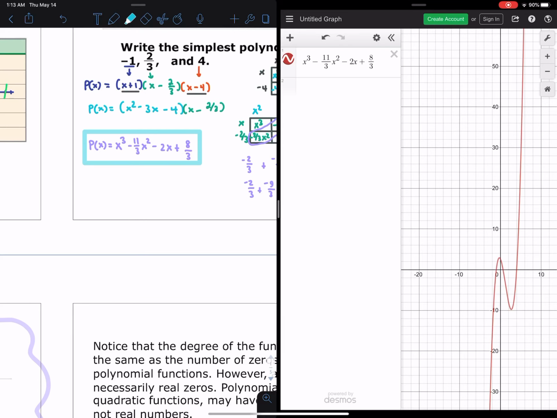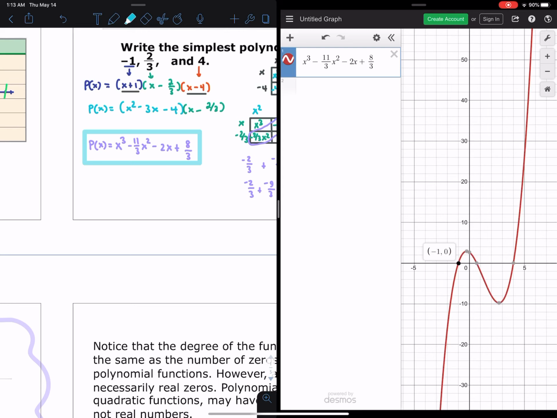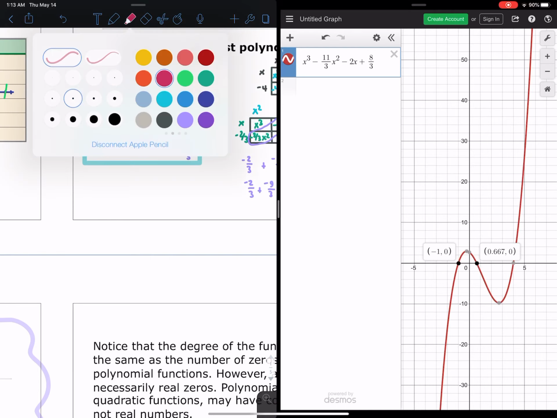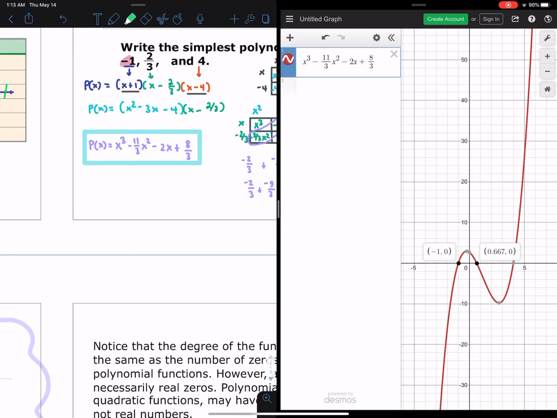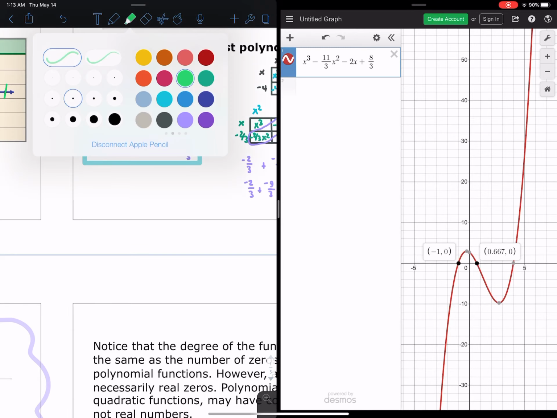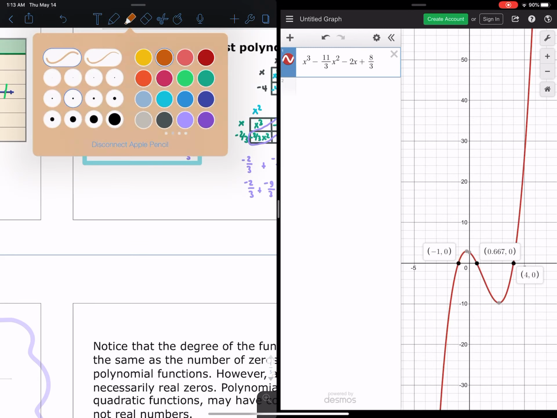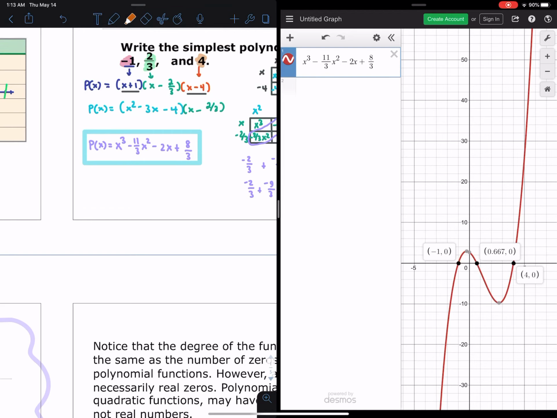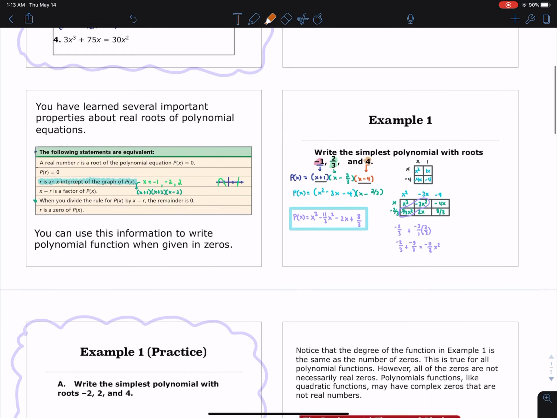And if we check these roots, where this crosses the x-axis, you can see we have our root at negative 1, and then we have our root at 0.667, which is an approximation for 2/3. And then we also have our root at 4. So you would know for sure that's our polynomial with the correct given roots.